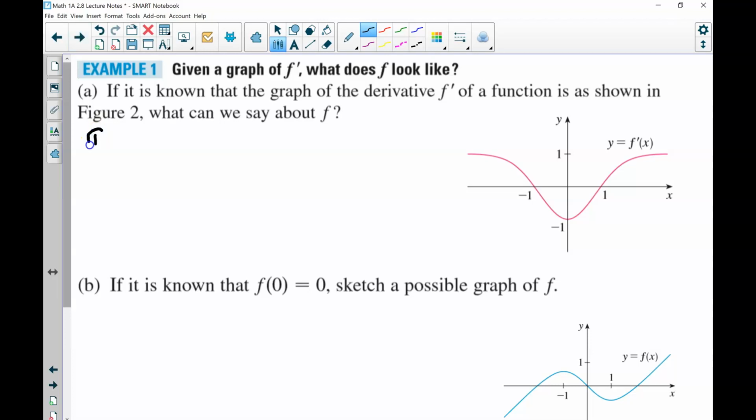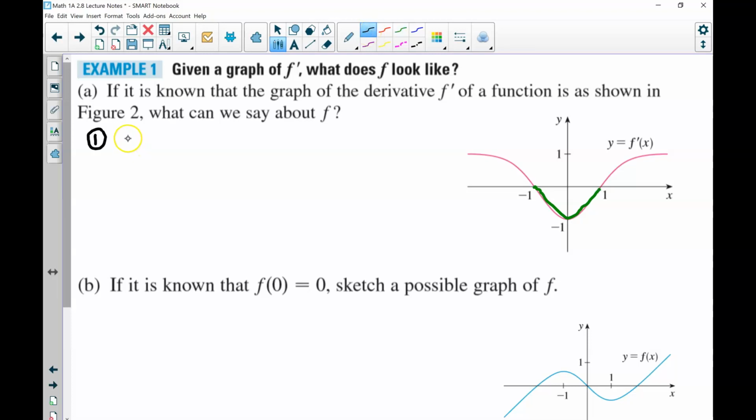Well, first thing is that we can note what's happening where f prime of x is negative. Well, it's below the x-axis. And I'll write this in green here. Okay, it is below the x-axis between what interval? It's between -1 and 1.